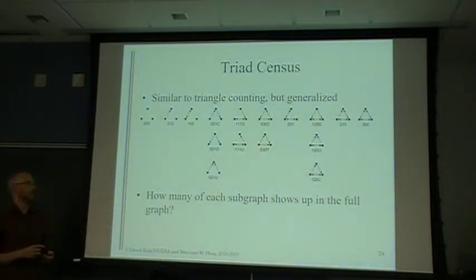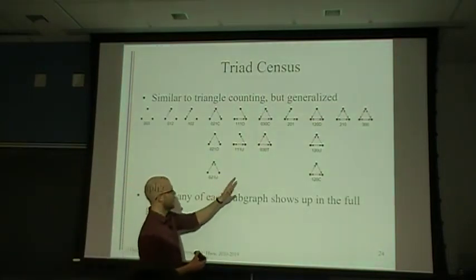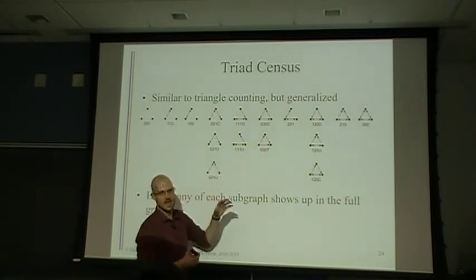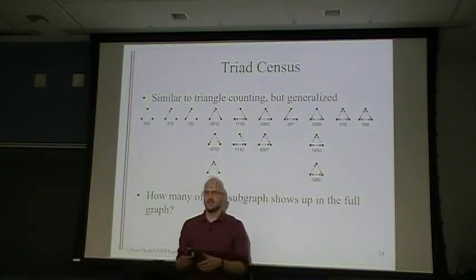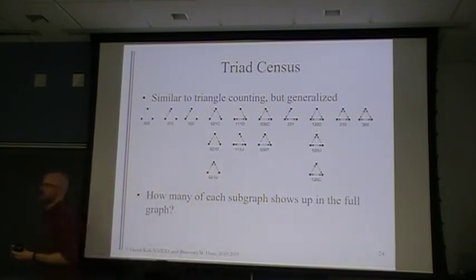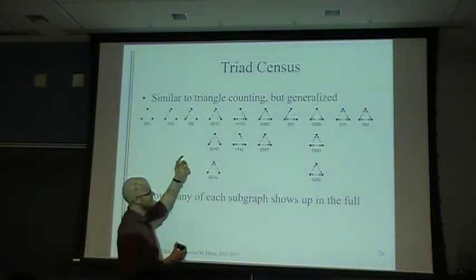And the reason people care about Triad Census is because they've observed that if your graph has proportionally more 1, 1, 1 U's than you expect, and proportionally fewer 1, 2, 0 U's, then you can make some reasonable guesses about various properties of the graph. People don't really fully understand why, but they understand that the Triad Census can tell you meaningful information about the graph. So you can see that the triangle is one of these.